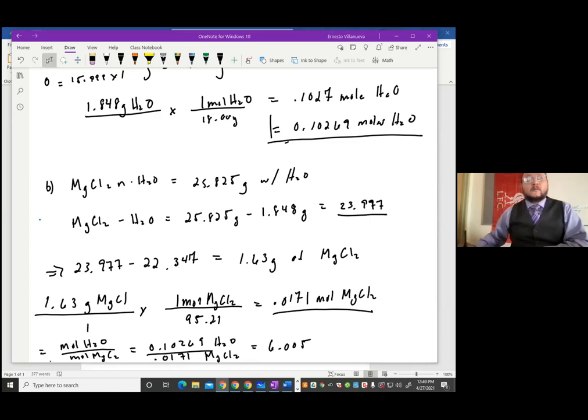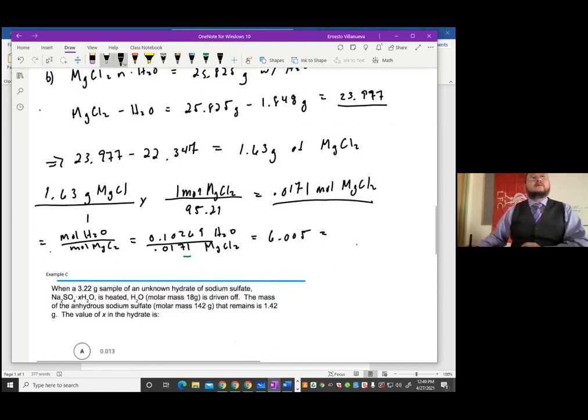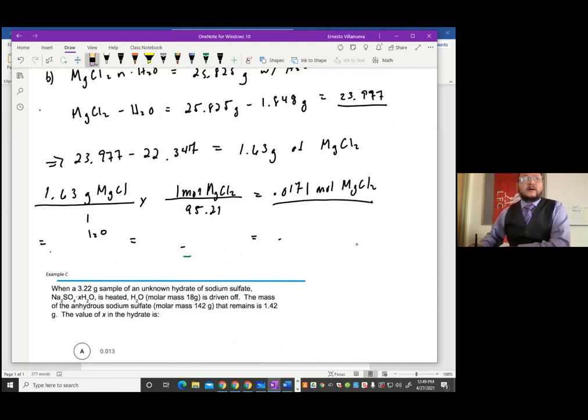Let me scroll this down a little bit. Let me rewrite this in a way that we can understand. Don't worry, I'm going to rewrite it again. So here's what I got: 0.0171 moles of magnesium chloride.